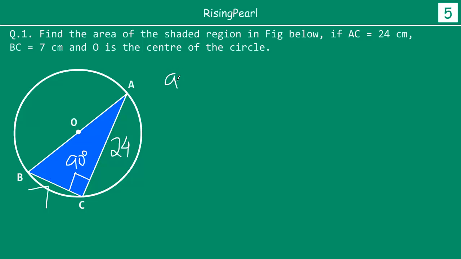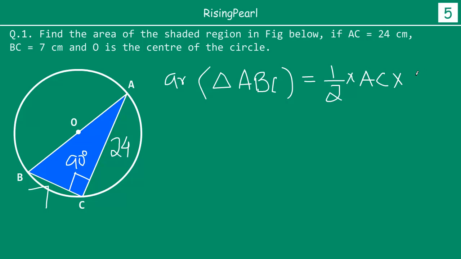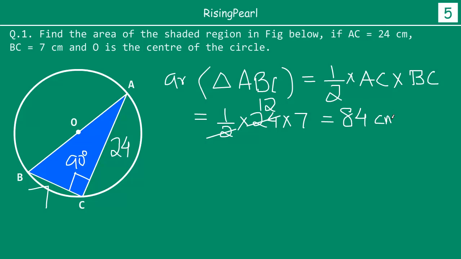So very simply we can say area for our triangle ABC is equal to half times AC, which is the height or altitude, times the base, which is BC. Or we can say area of this triangle is half times AC is given as 24 times 7, or 12 2s are 24 and 12 7s are 84, or this area is 84 centimeter square.